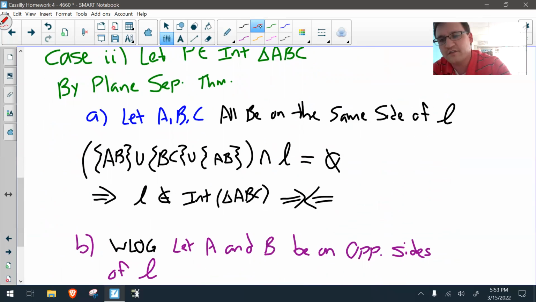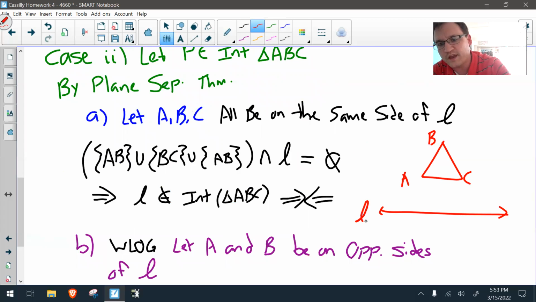So case A said A, B, and C were all on the same side of line L. Okay, and if they're on the same side of L, that means there's no way point D or point P could possibly be in the interior, which violates our assumption. So there's no possibility for A to even exist.